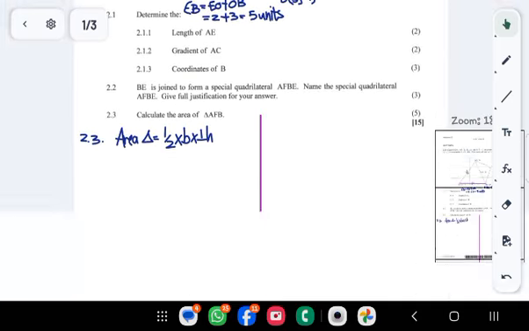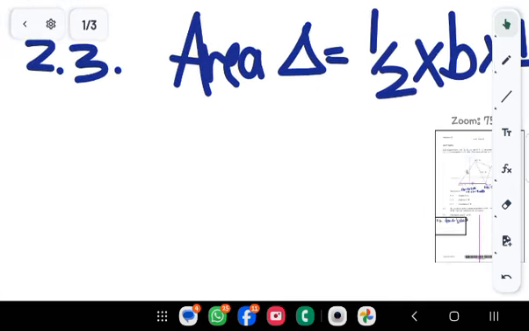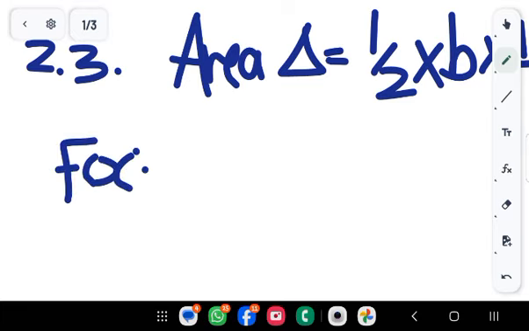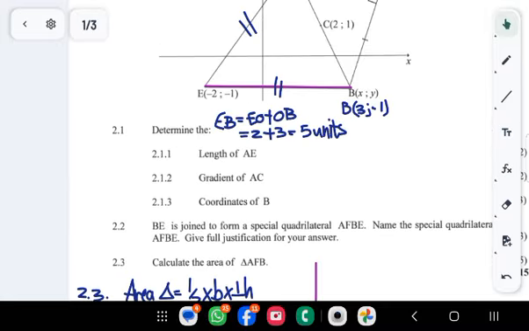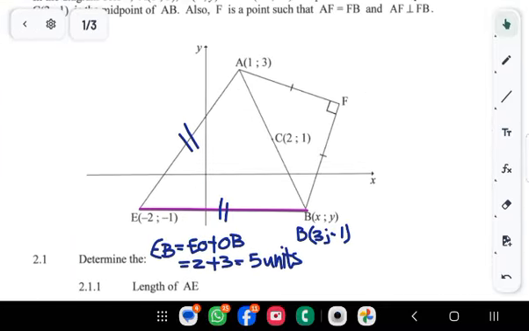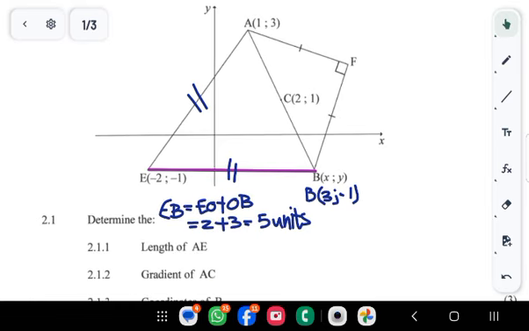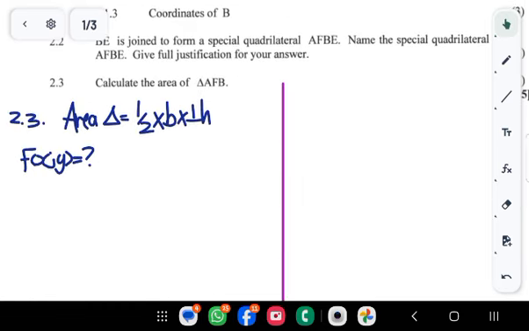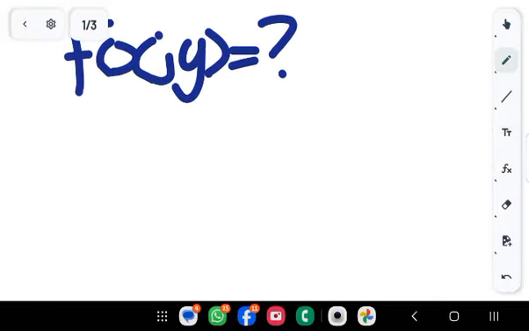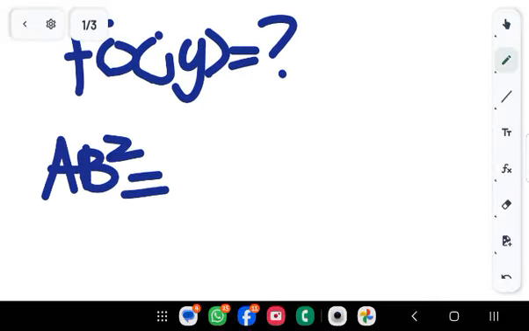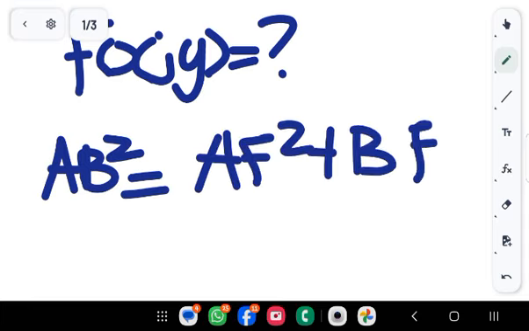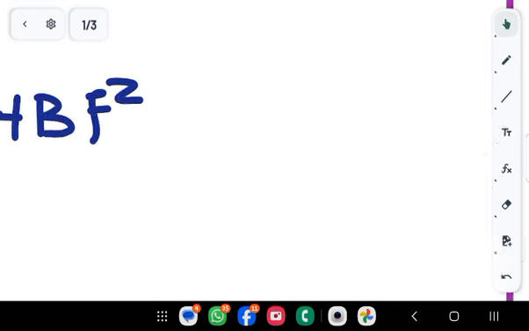Now we know that. What are the coordinates of F? We know that because this is a right angle triangle, the length of AF squared plus BF squared equals AB squared. The reason is Pythagoras.